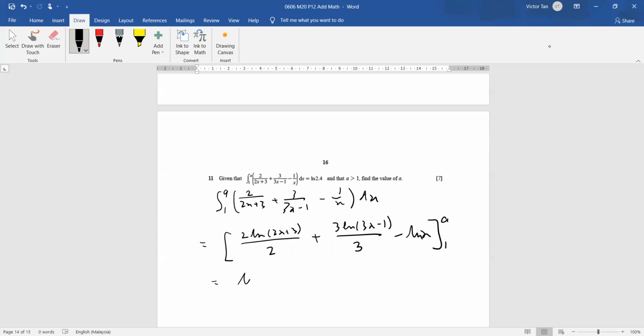So this will be ln of 2a plus 3, plus ln of 3a minus 1, minus ln a, minus ln of 2 plus 3, which is 5.